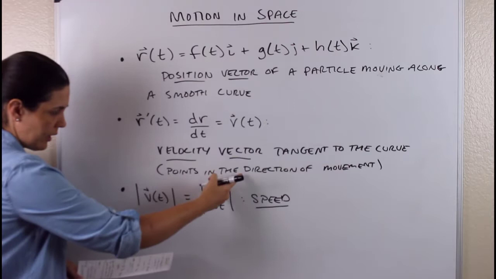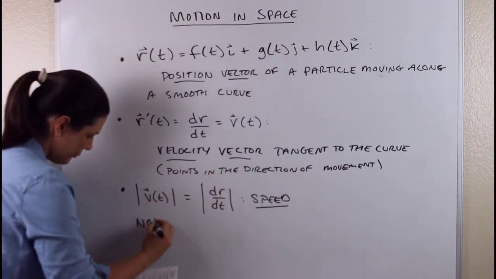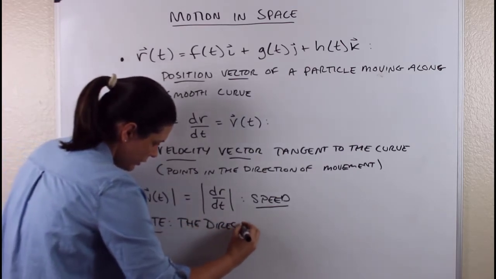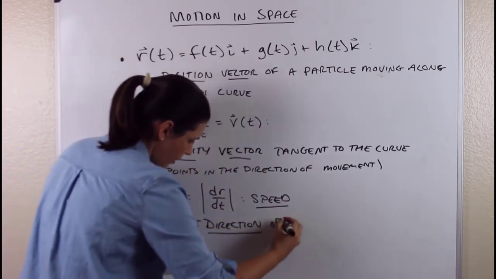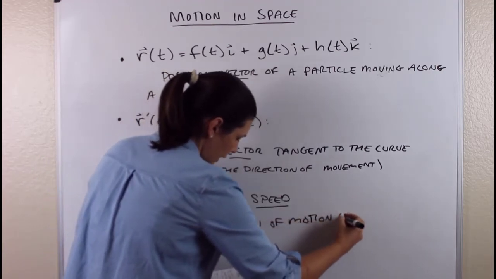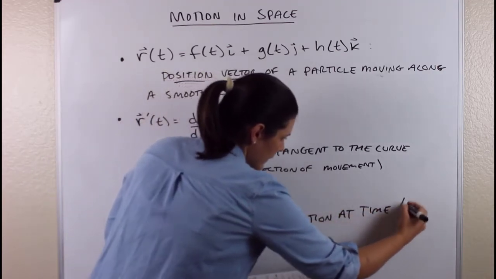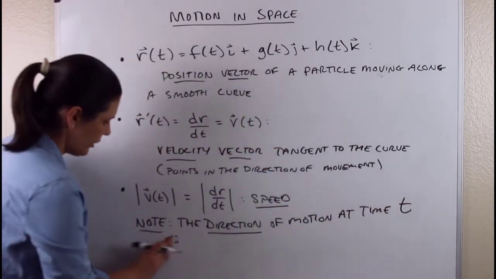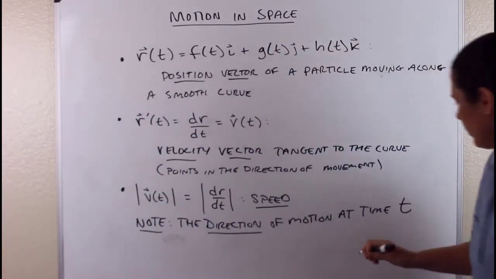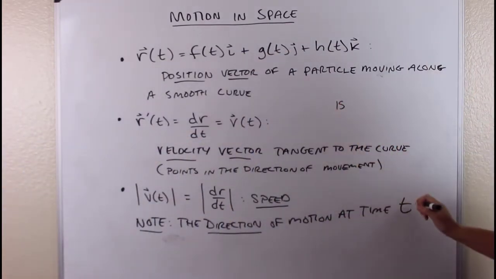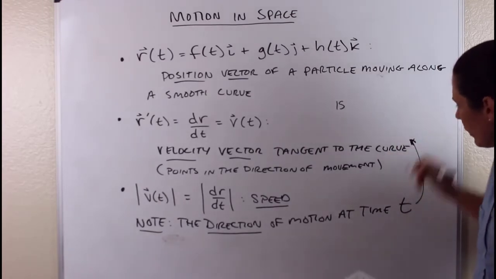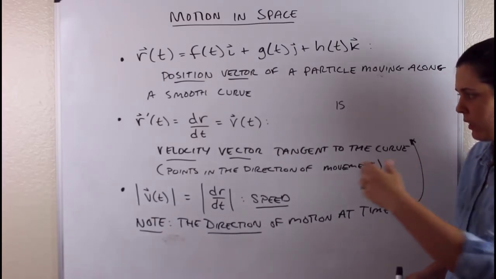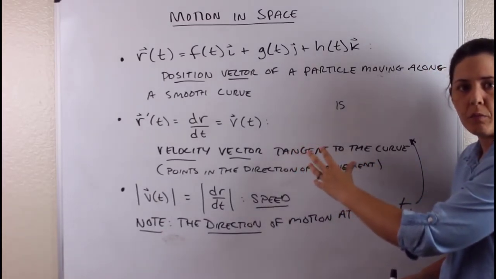So just to add a little bit to this here, let's just note the direction. So direction of motion at time t is, actually, let me move up here so I don't run out of room. We learned about direction of a vector before, and the derivative will point in the direction of the motion.